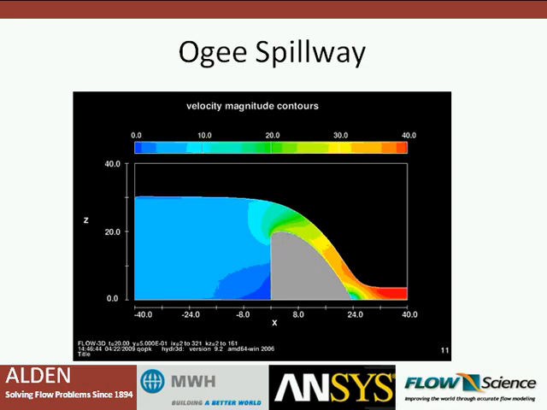So you're looking at a cross section here through the dam. The dam is shown in gray, and it follows a standard OG shape out of Design of Small Dams. If you're familiar with those, or if you're not familiar with those, you'll know that the shape of the OG here follows that of the underside of the nappe.